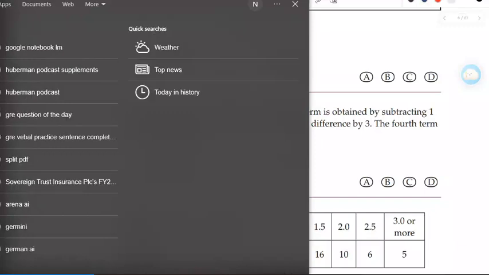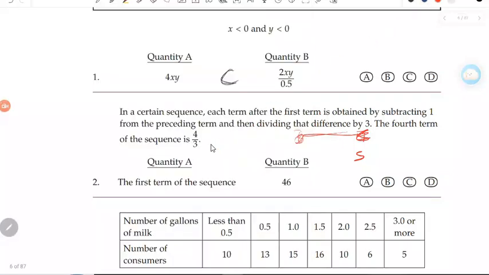So it should have been 5 rather. A lot of mistakes. So the other term is 5.